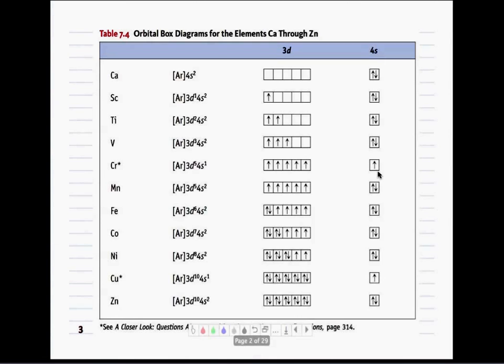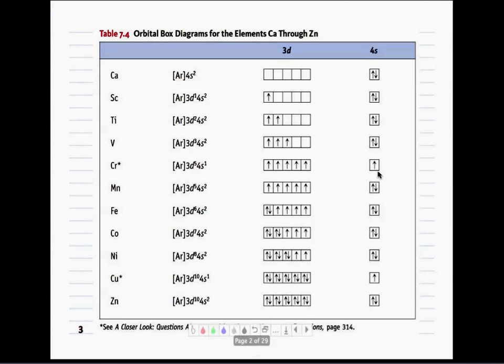The last time we emphasized that copper and chromium are both exceptions, in which we promote 1 electron from the s to the d. In this configuration, they put the 3d before the 4s. Either way is okay; if you put the 4s before the 3d, it's also an accepted configuration. You have to get used to the idea that both are used. So this is the electronic configuration of all the transition metals that you're responsible for.